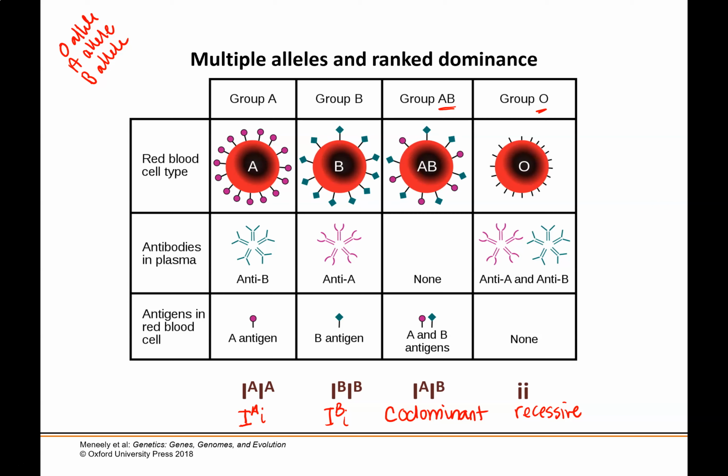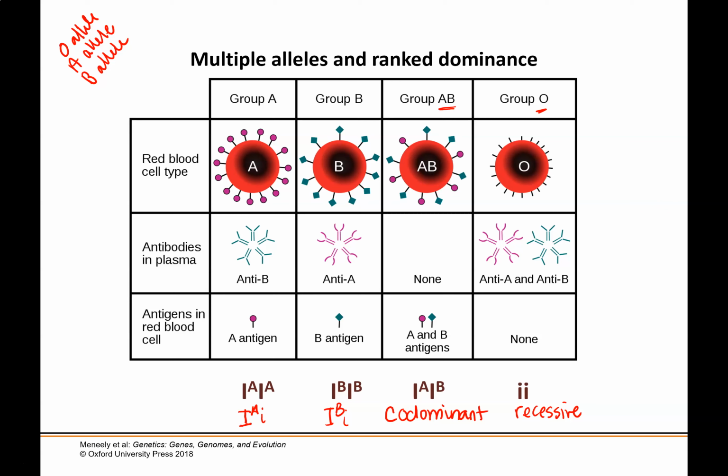Now, the reason that these are called antigens, remember I said I would come back to why they're called antigens, is that your immune system actually produces antibodies for the opposite antigen. So if you are blood type A, you have the A antigen, which means you produce the anti-B antibody.